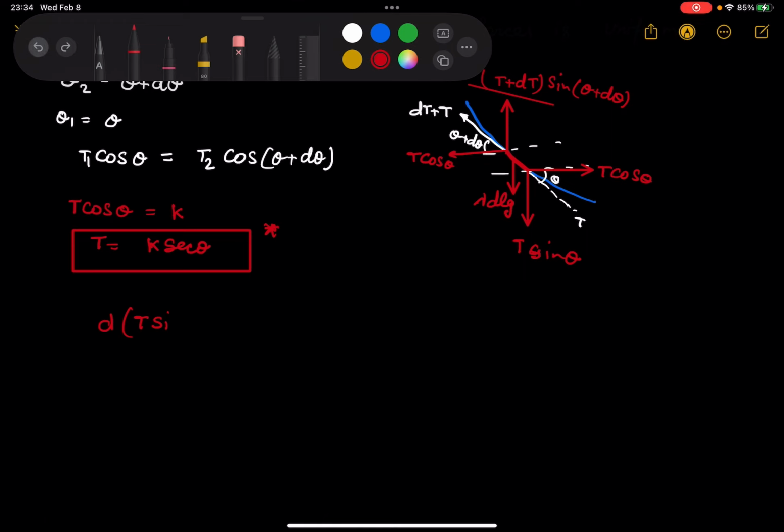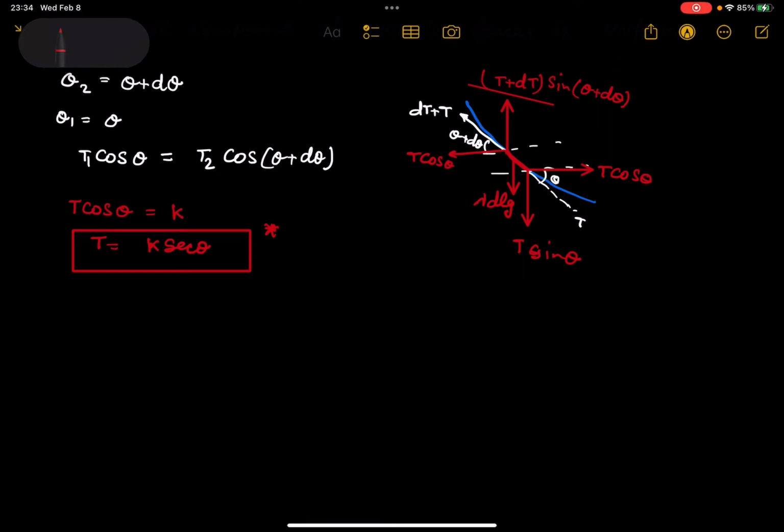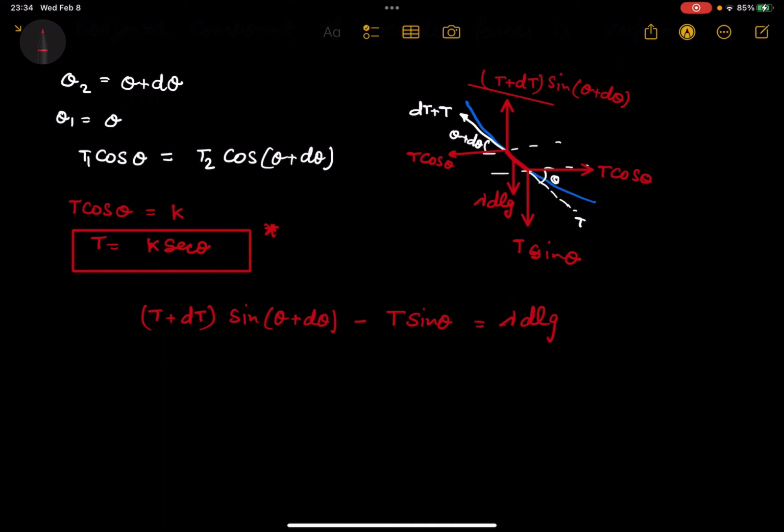I will give the explanation carefully. Just listen. Upward force is (T plus dT) sin(theta plus d theta), and downward force minus T sin theta is equal to lambda dl g.